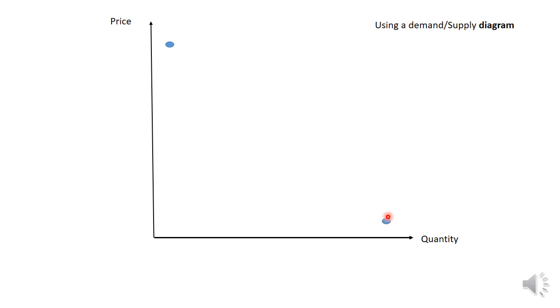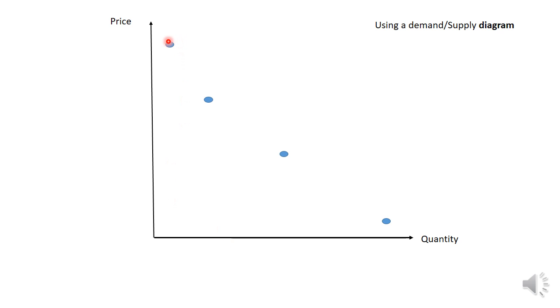Now, of course, between the two rather extreme points, we have points in the middle. When it is not so expensive, we buy more compared to this point. And when the price goes higher, the quantity that we buy becomes less.